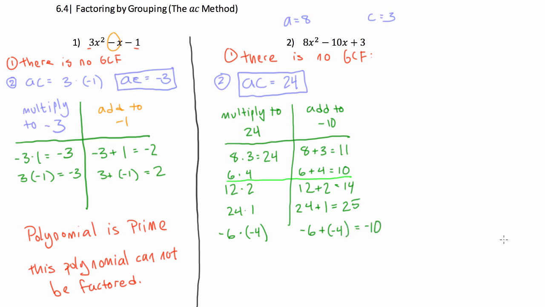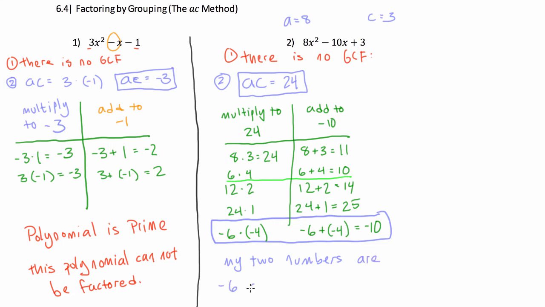So that means this is the line that I'm excited about. My two numbers are negative 6 and negative 4.